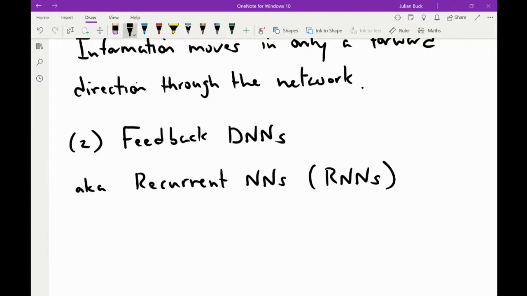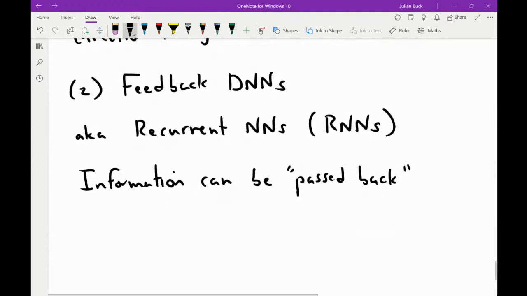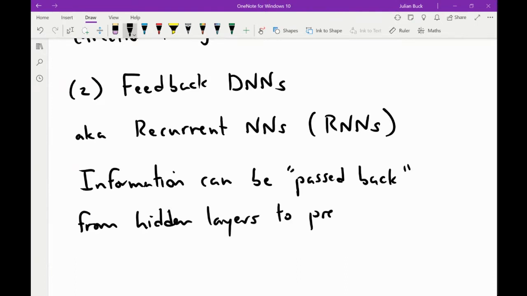Okay, so as the name suggests, information can be passed back from hidden layers to previous hidden layers. Okay, so it flows both forwards and backwards.